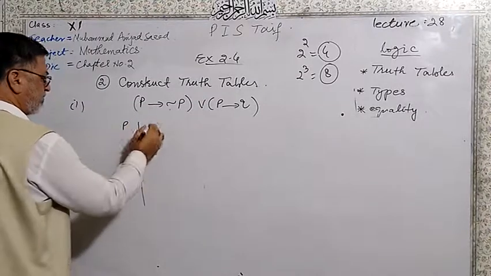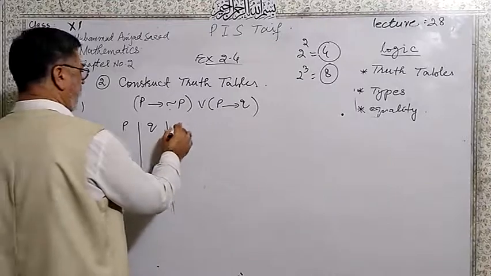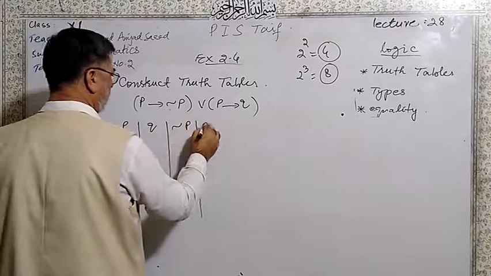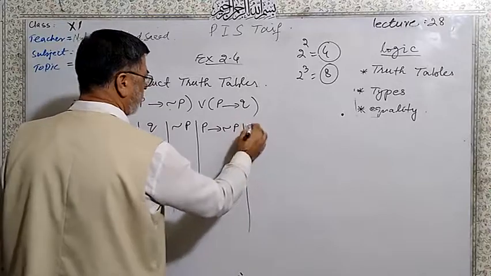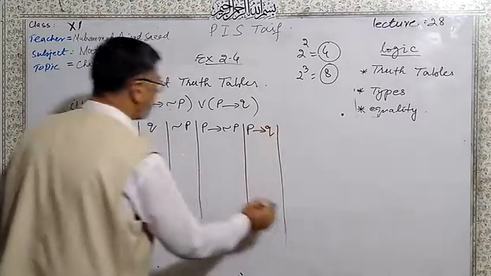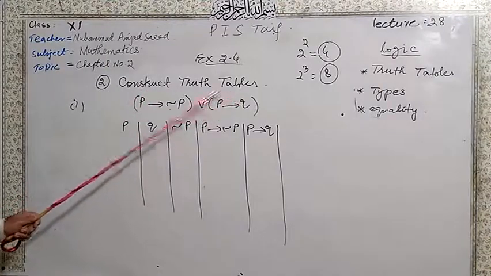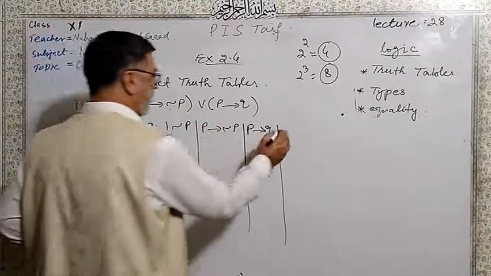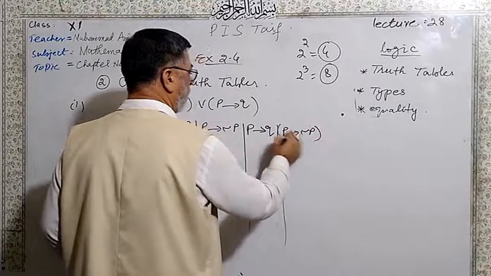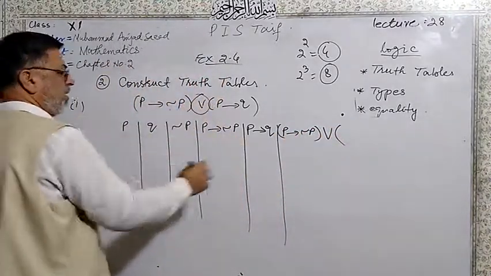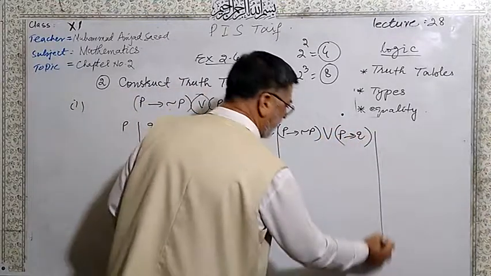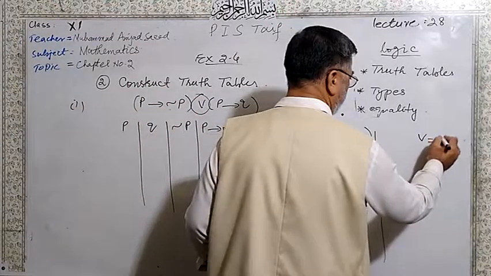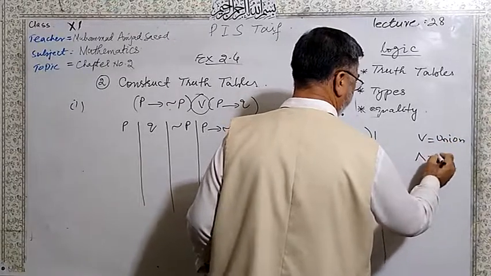Make the columns of P, Q, not P, then P to not P, then P to Q separately, and at the end, P to not P or P to Q. Remember that or means union, and means intersection.